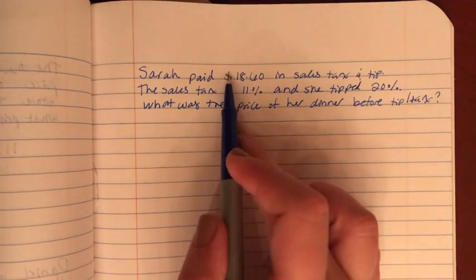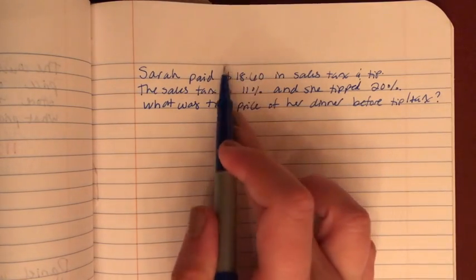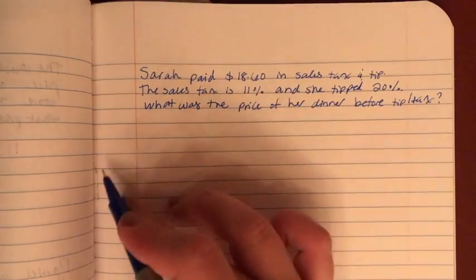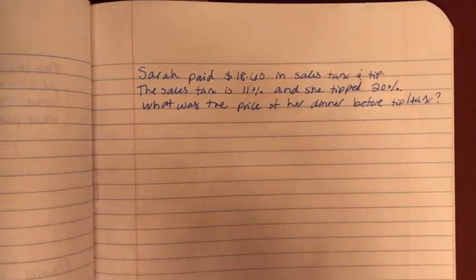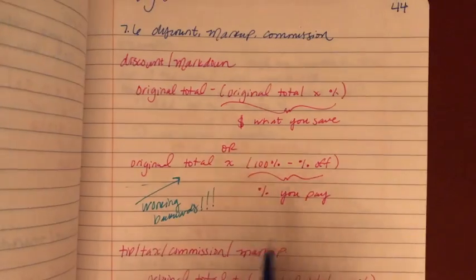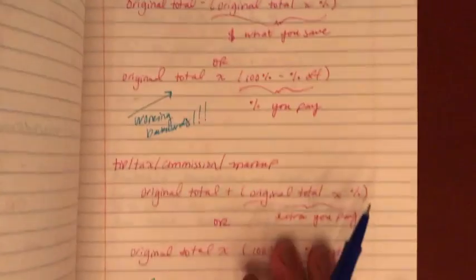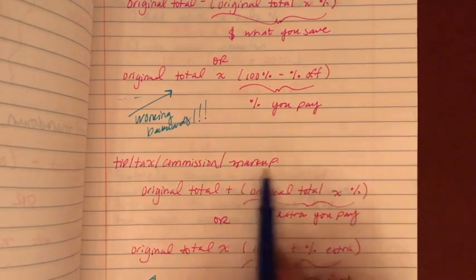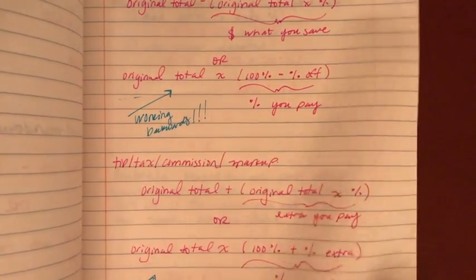We were given the amount that she paid in tip and tax, and the percent. So we're going to work backwards given that information to find the original total. Since we were not given the new total, we were given the dollars extra that we paid, we're going to use this little bit of the equation right here to solve.